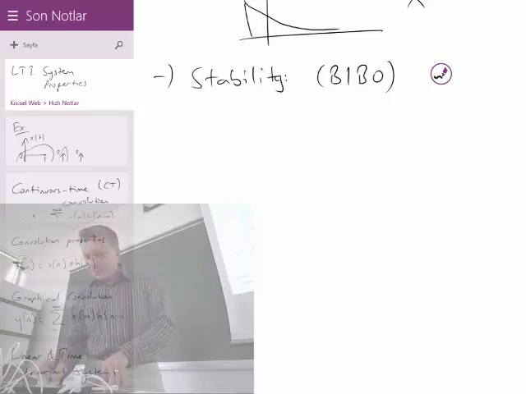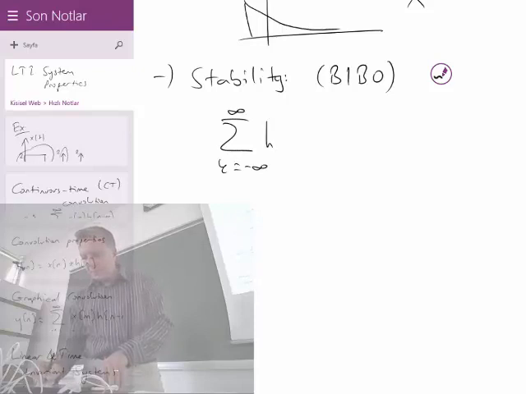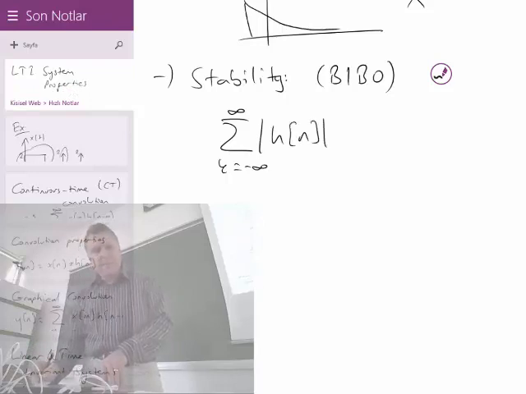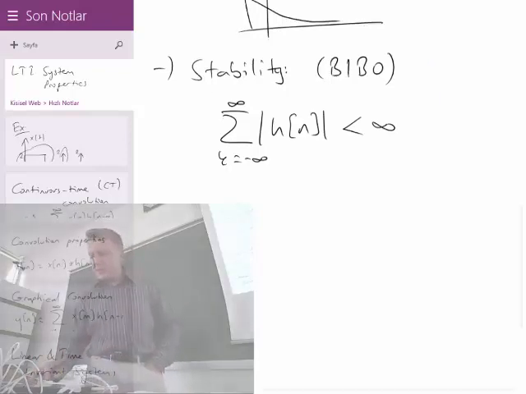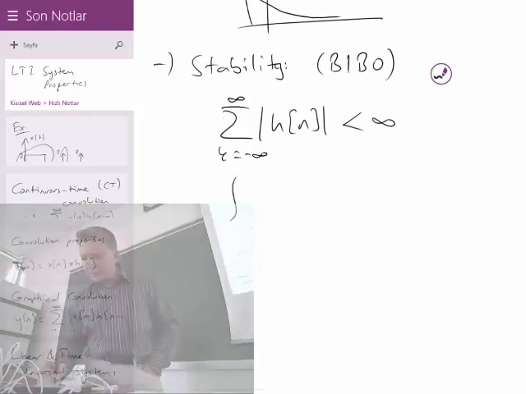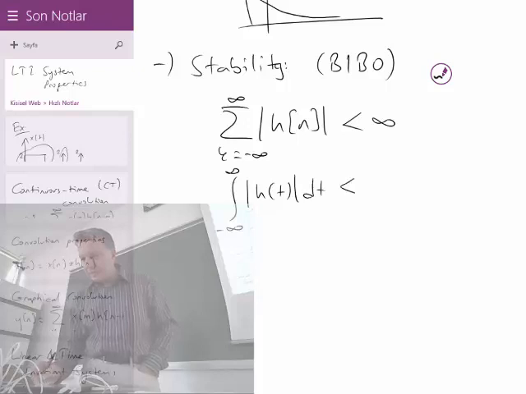In discrete time, this summation of the absolute value, or the magnitude, of h[n] must be finite. So this summation must be finite, and in continuous time, the corresponding integral from minus infinity to infinity of the absolute value of h(t) dt must be finite.